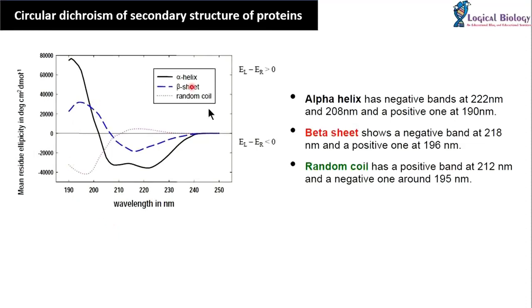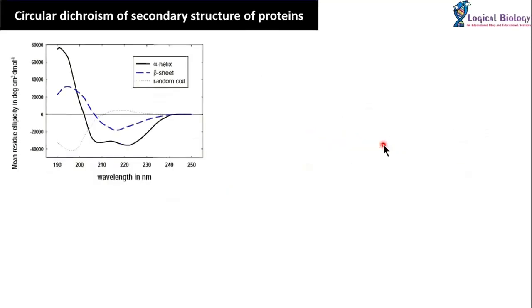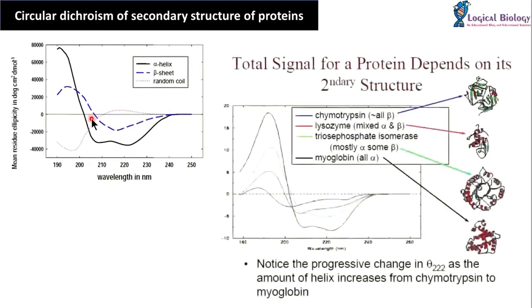We are going to use this graph again and again, and these values are very important. They can be asked in your exams, or you can use them to explain CD or circular dichroism. We are going to use this as a standard curve again and again, and we are going to understand this difficult-looking thing here.